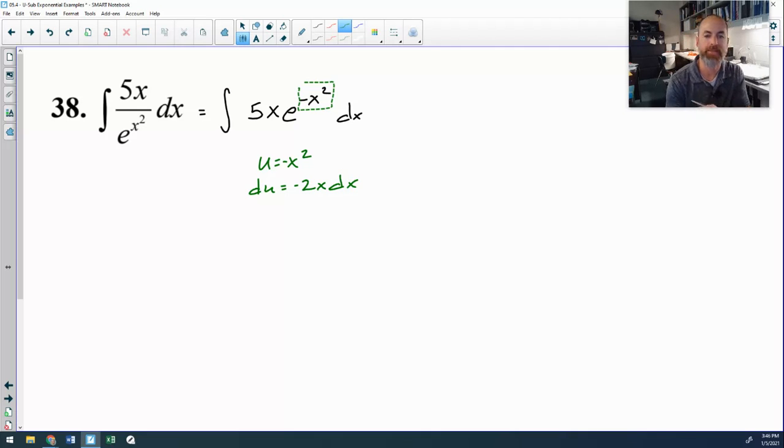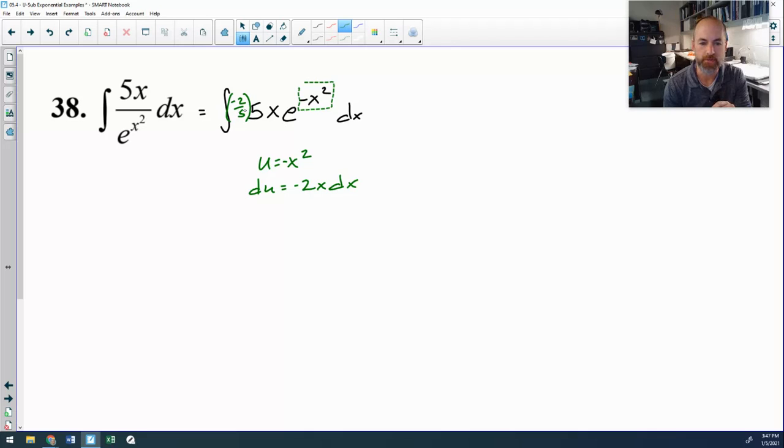I don't like that 5 because I need it to be a negative 2. There are 2 ways we could remedy this. One of them is to think, 5 times negative 2/5. If you do negative 2/5 times 5, that will give me a negative 2, right? Negative 2/5 times 5 is negative 2. So I threw a negative 2/5 in here to ultimately give me my negative 2.